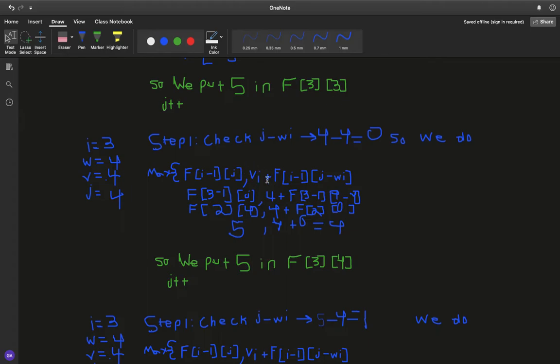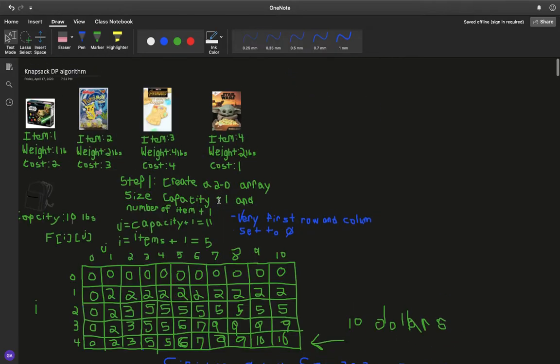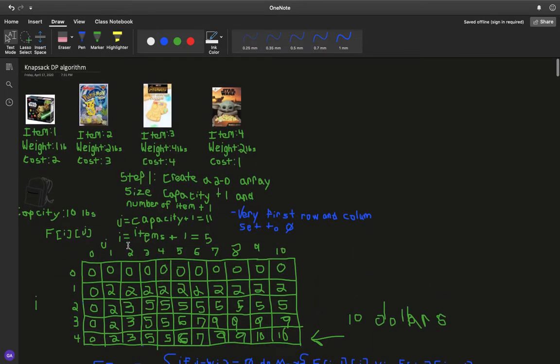The value here is 4. We bring all that down. We check j minus the weight, which we already did. 4 minus 4 is 0. This one doesn't change, so we'd be checking f sub 2 of 4 and f sub 2 of 0. So f sub 2 of 4 is 5, and f sub 2 of 0 is 0.